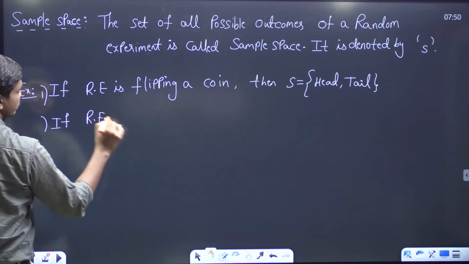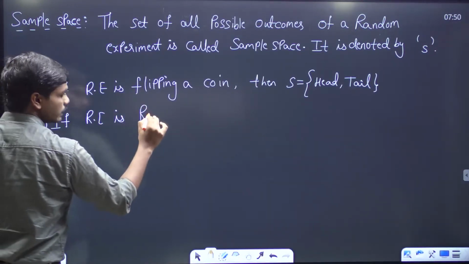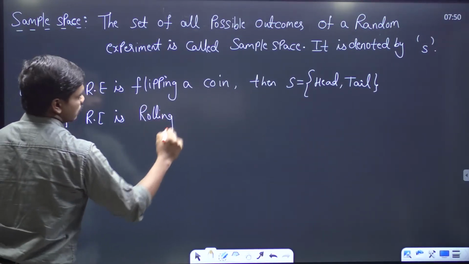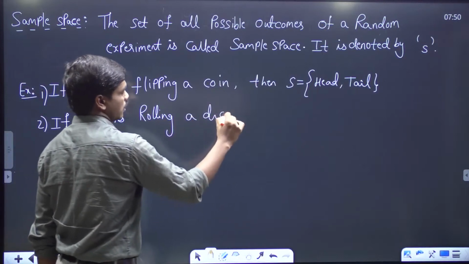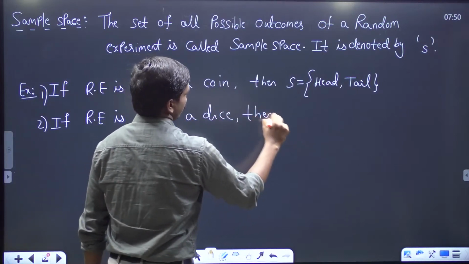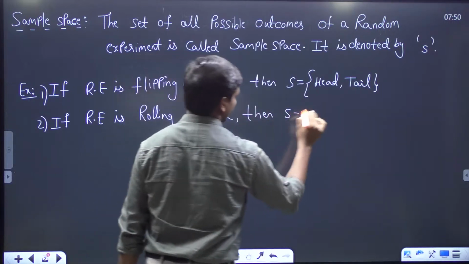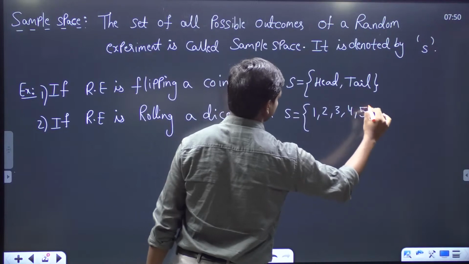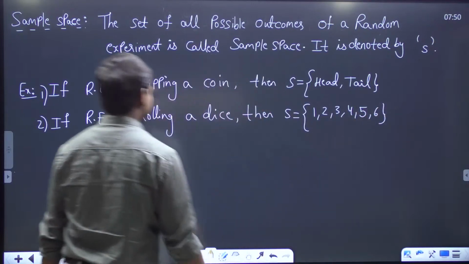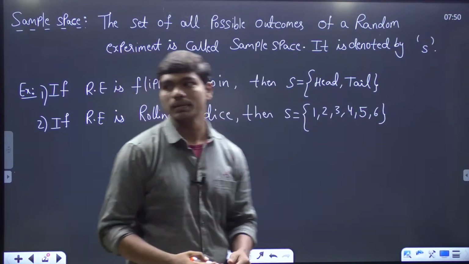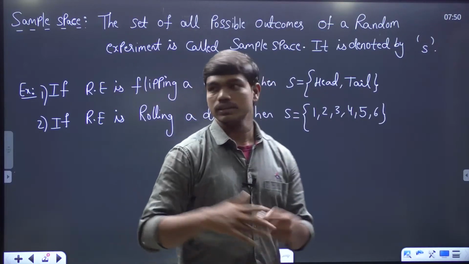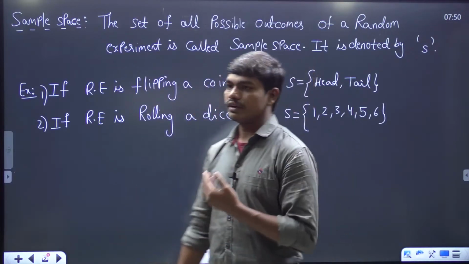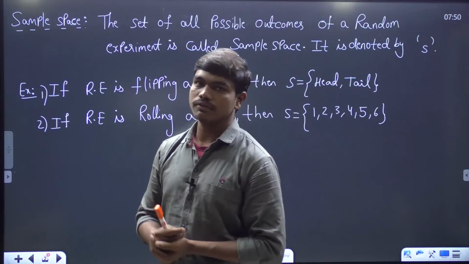If the random experiment is rolling a die, then S is equal to 1, 2, 3, 4, 5, 6. Of course this is the case when you are rolling a single die. When you are rolling multiple dice, we have other things as well, because when you roll 2 dice, there are 2 possible outcomes in every set, correct?